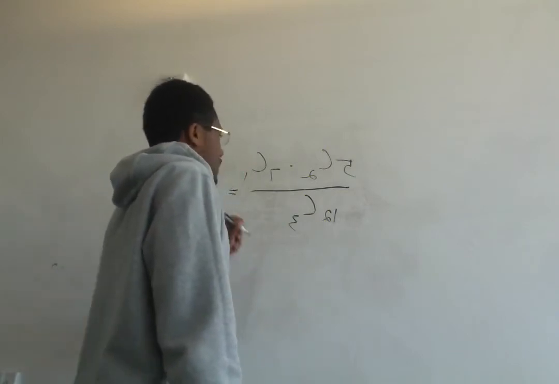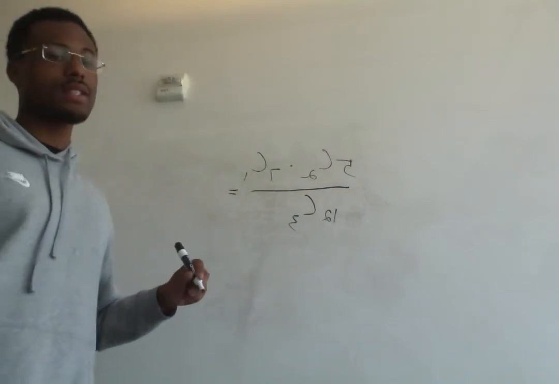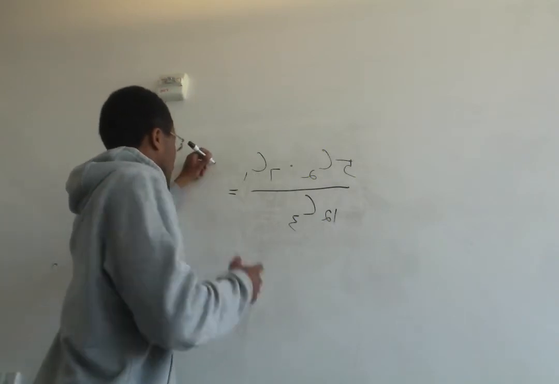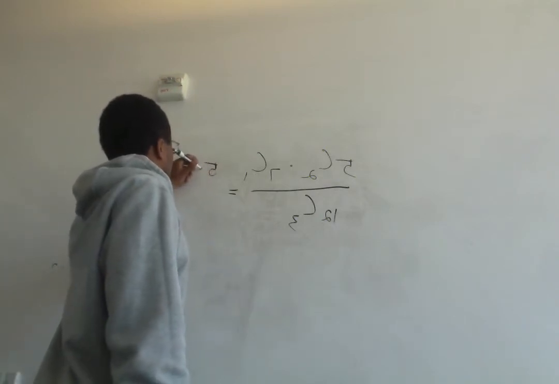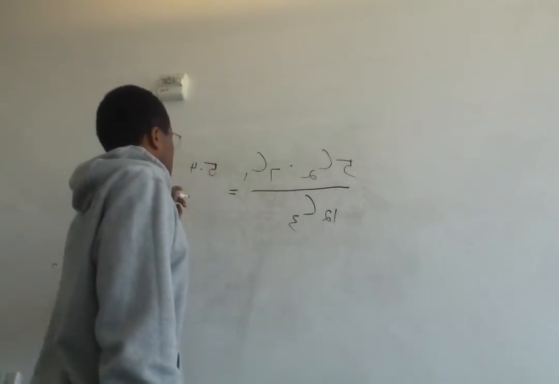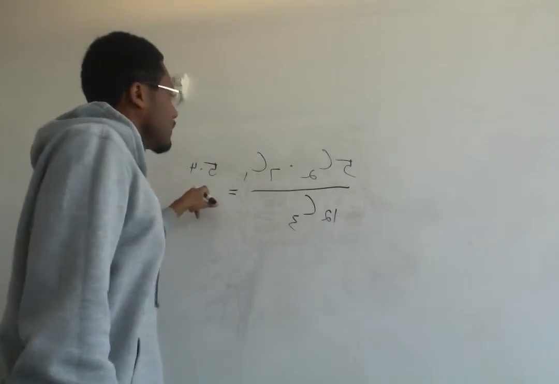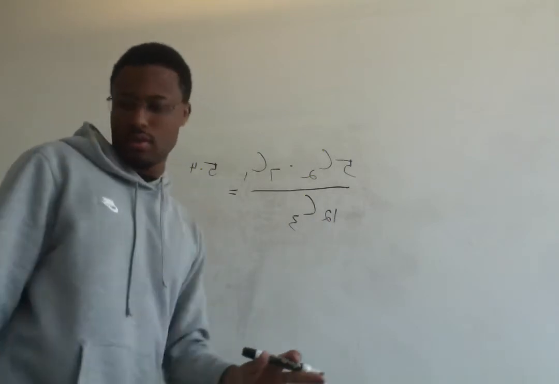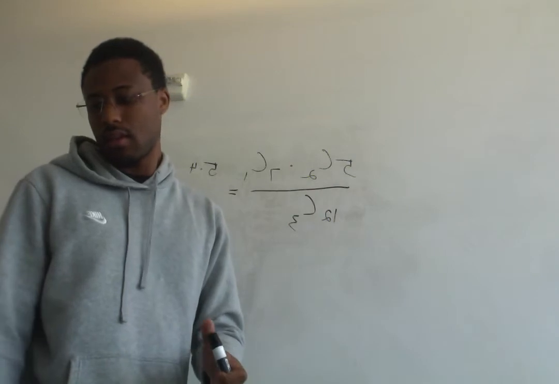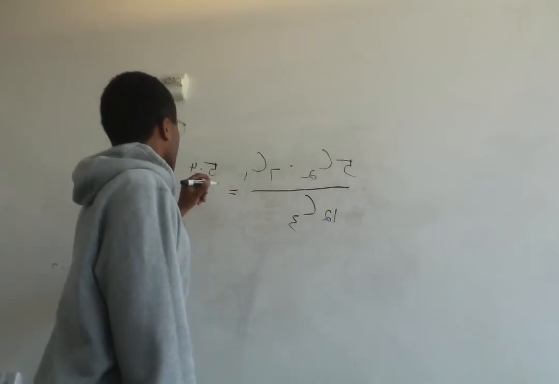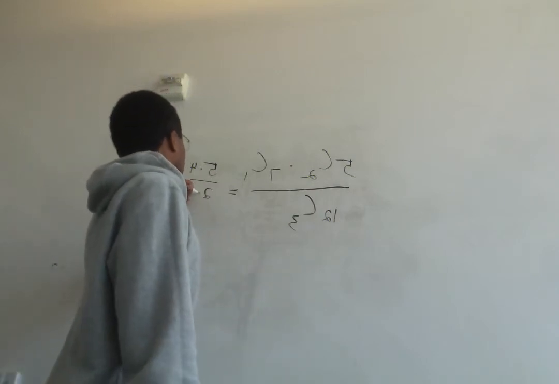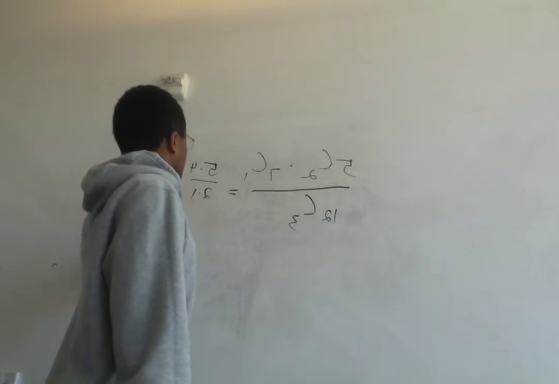So how you want to do this is basically want to rearrange this as 5 times 4, which is basically 5 factorial over 2 times 1, which is 2 factorial.